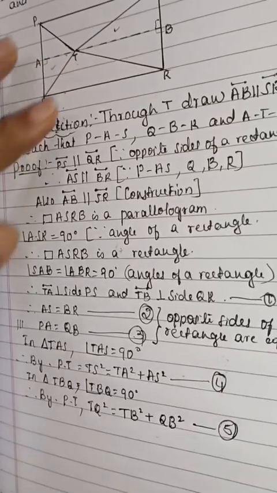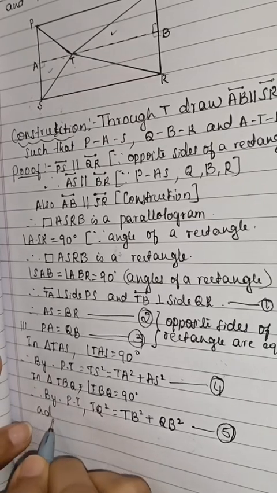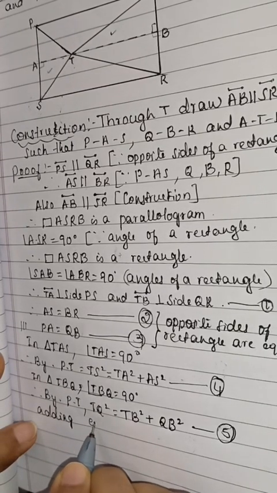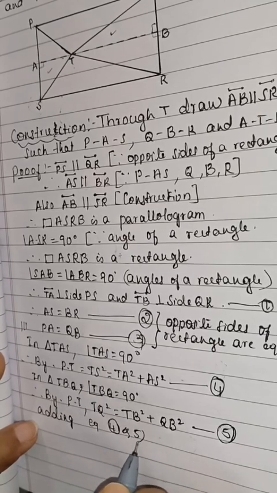Now we have to add equation number 4 and 5. Adding equation 4 and 5.